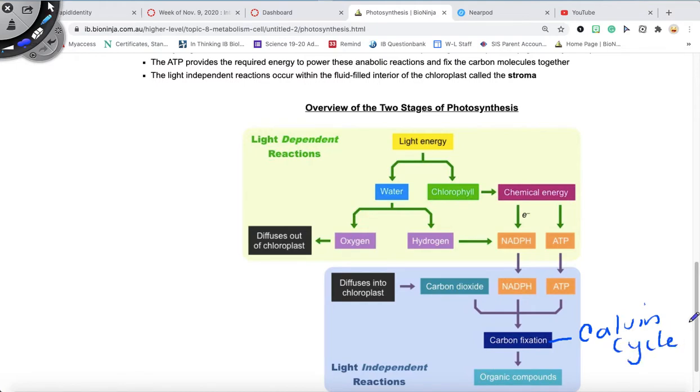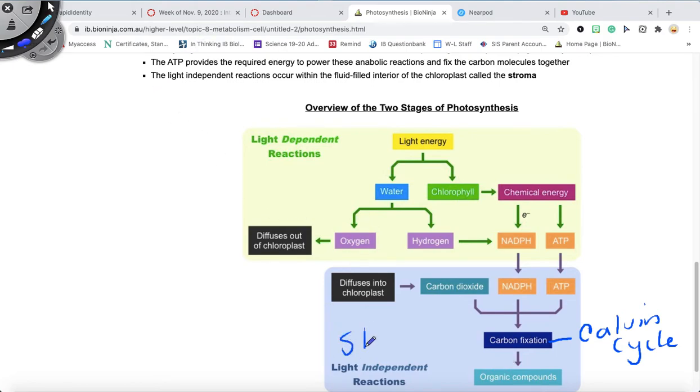The Calvin cycle. So this is a whole process here that involves the carbon dioxide, the electron carriers, and it requires ATP to run it. So through this carbon fixation process, carbon dioxide turns into glucose or other organic compounds. Now, where does all of this happen?